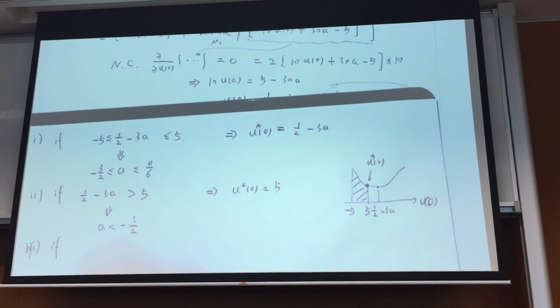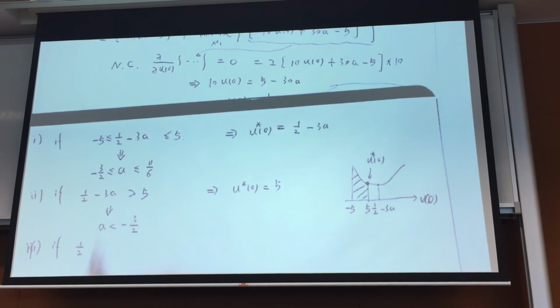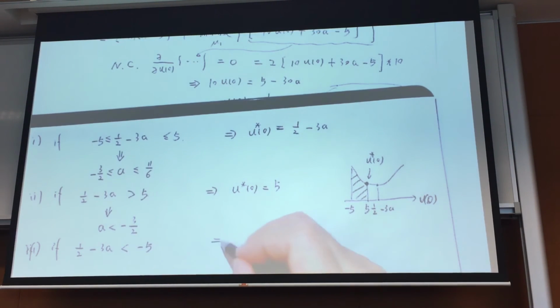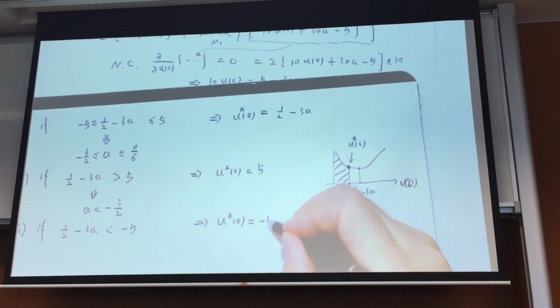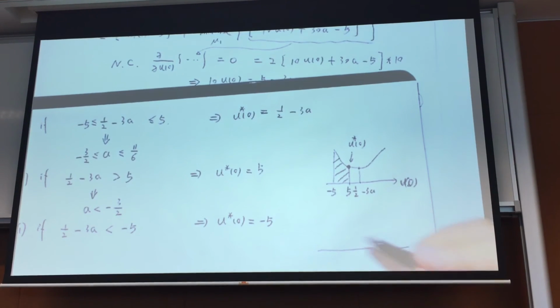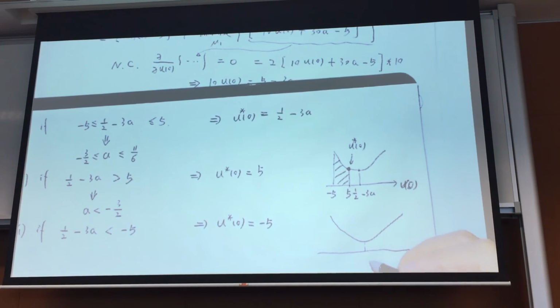And finally, if the minimizing point, a half minus 3a, is smaller than minus 5, in this case the u0 star will be given by minus 5. So the plot for this situation is like this. So we have this u0, this is a half minus 3a.